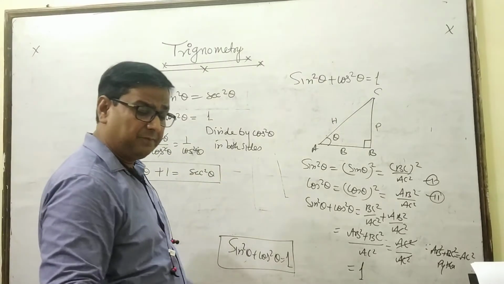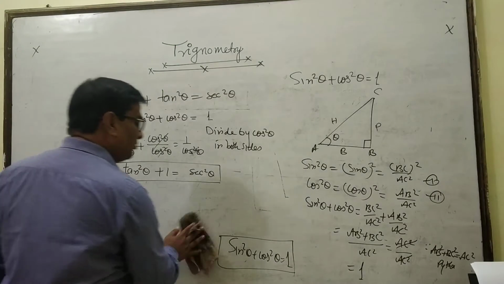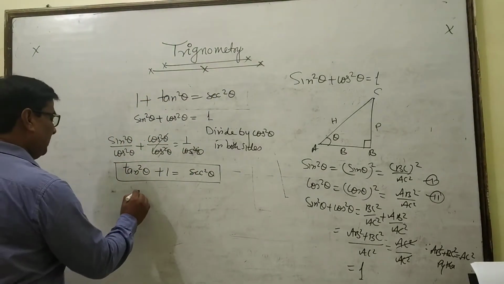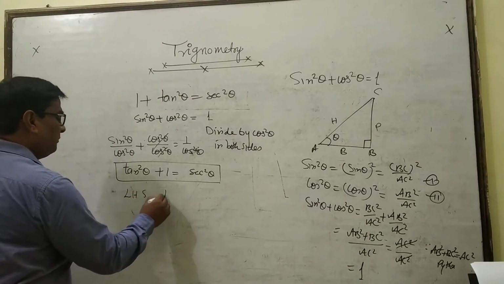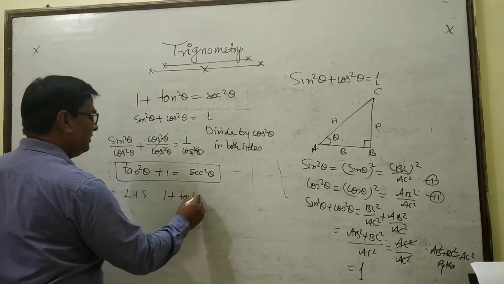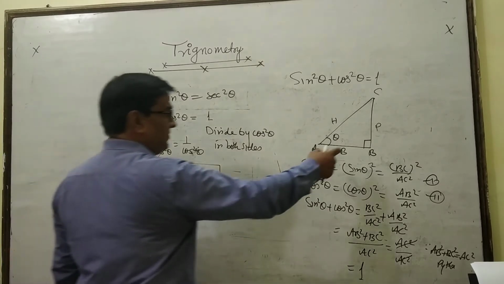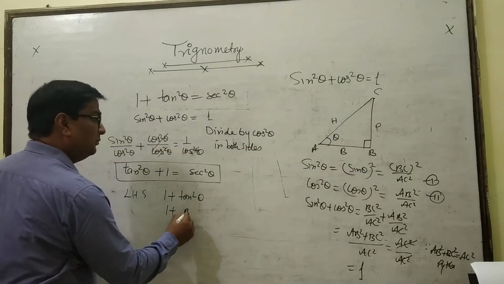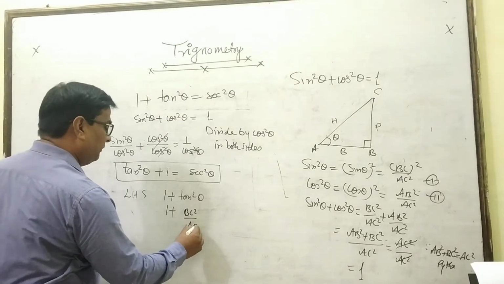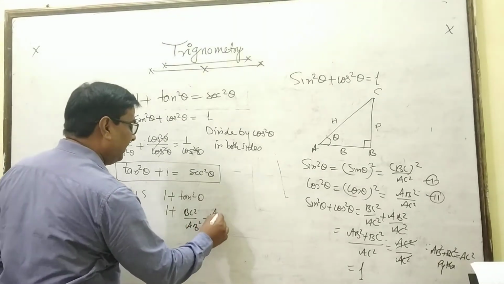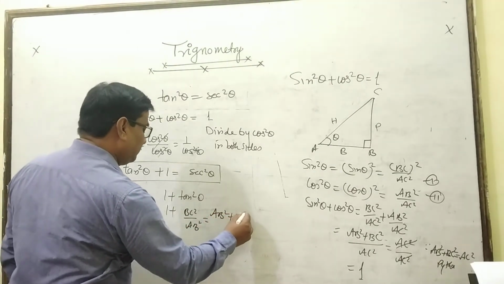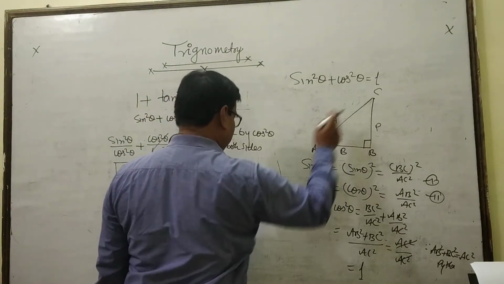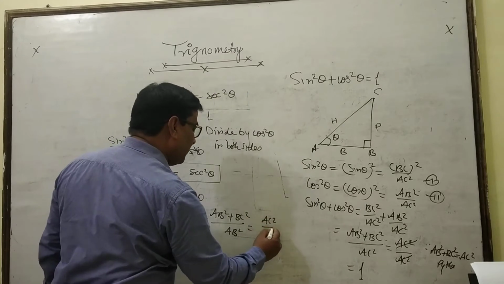So it is very simple to derive with the help of this one. And the second way you can also derive. Left hand side, 1 plus tan square theta. Tan is perpendicular upon base, that is BC square upon AB square. You will get AB square plus BC square upon AB square, and AB square plus BC square is equal to AC square.